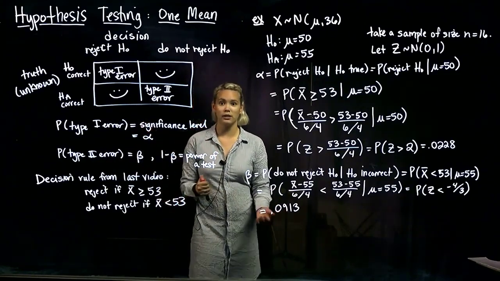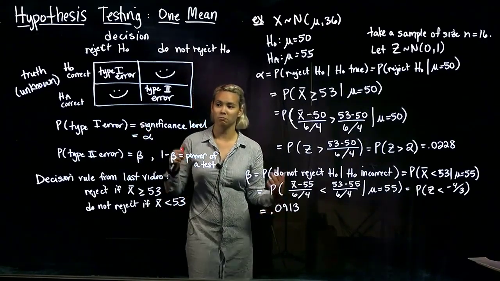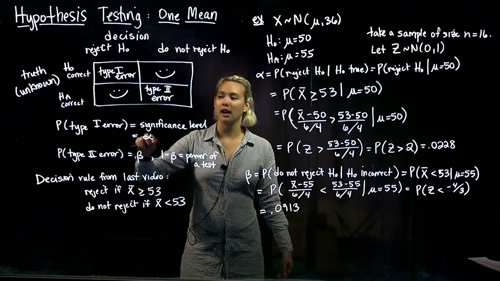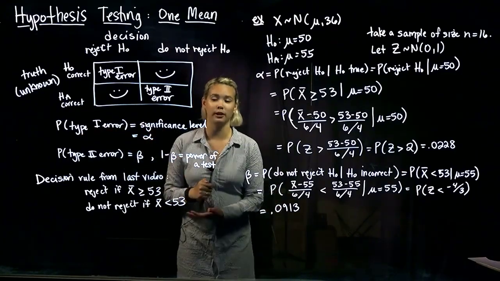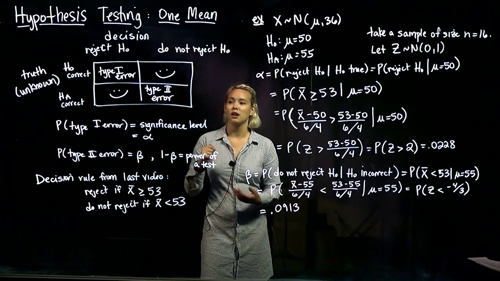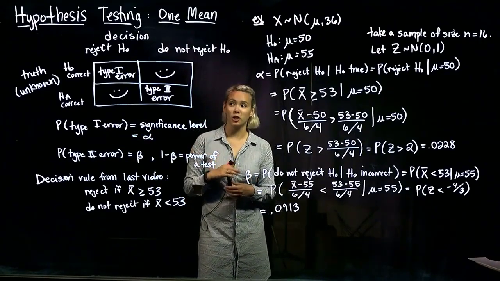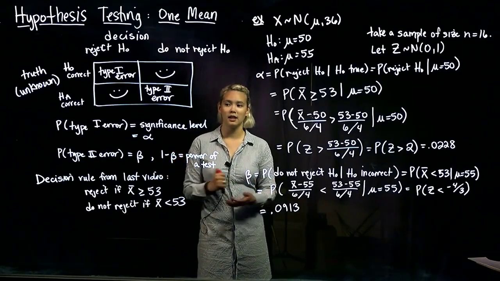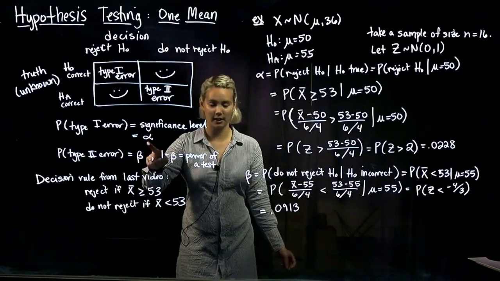Okay, so how often do these errors happen? Well, we can call something the significance level and define that alpha, and that is the probability that a type 1 error happens. So in other words, the probability that we will reject the null, even though in reality the null is correct, is what we call alpha, the significance level.